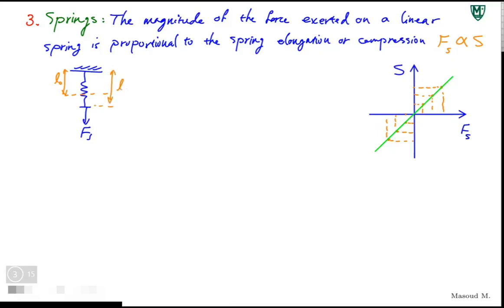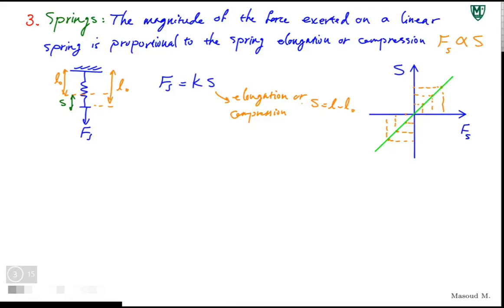So this is the final length, and the amount stretched is S. So the force of a spring is equal to K S, S being, say, elongation or compression, which is equal to S equals L minus L naught.